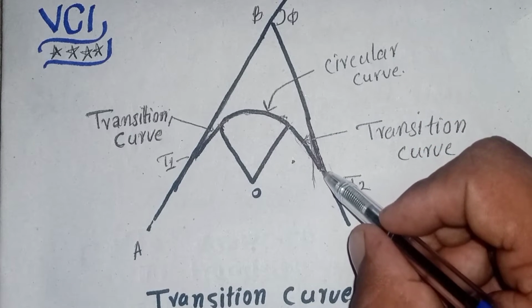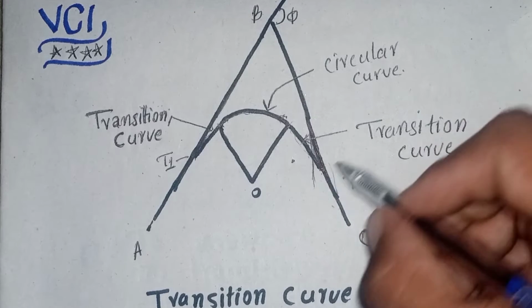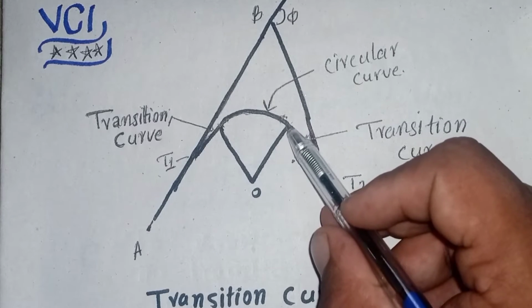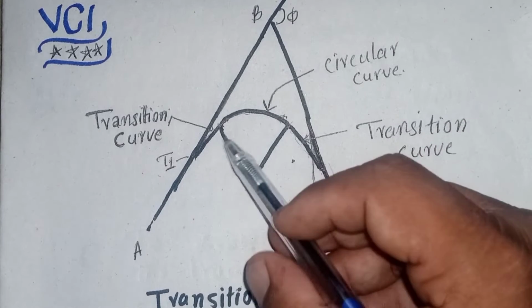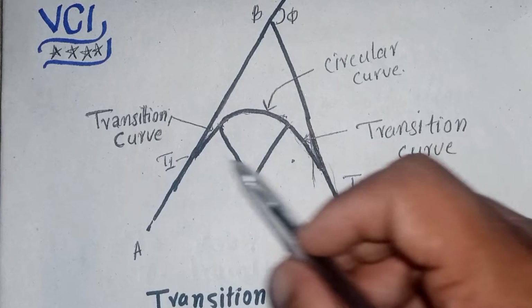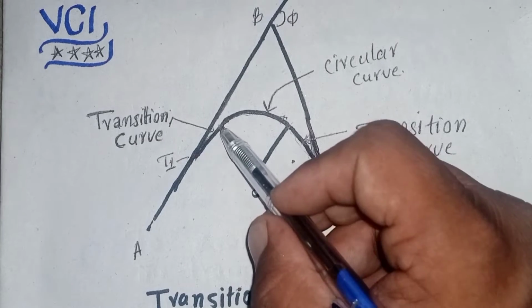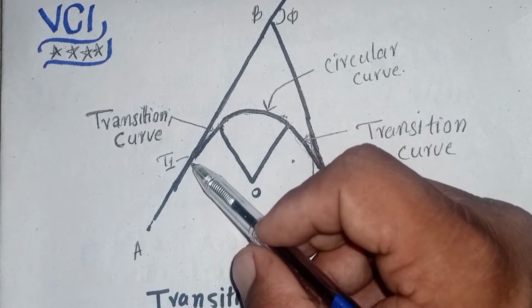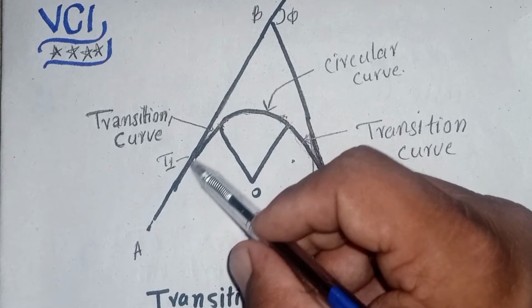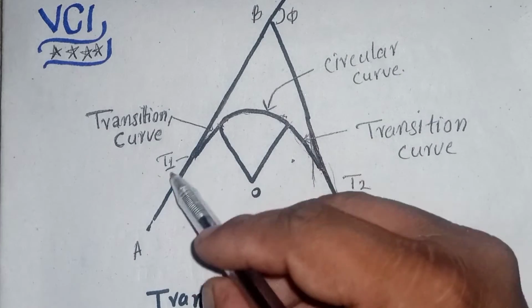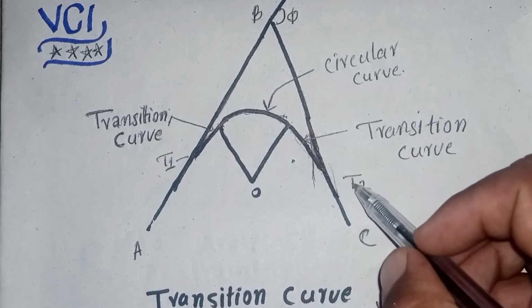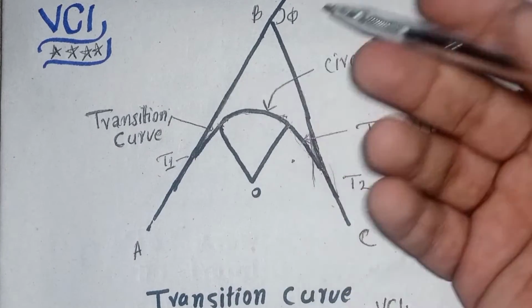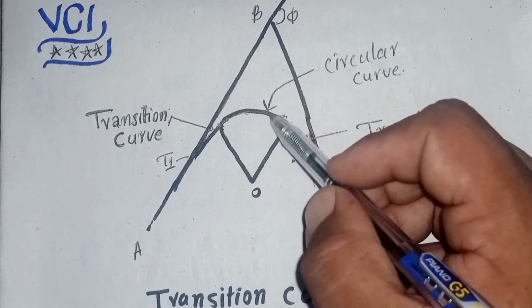This curve starts from the tangent line and runs up to the circular curve junction, and it is also used at the end of the circular curve and the tangent point. Suppose this is tangent 1 and this is tangent 2, the two tangent lines, and this is a circular curve.